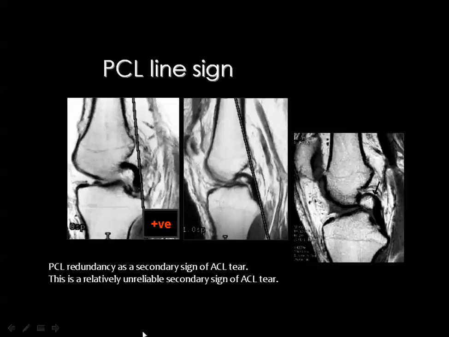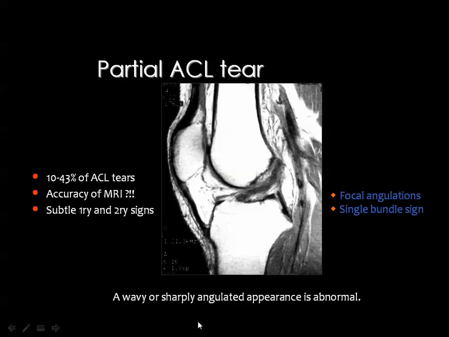Then if you draw a line tangential to the vertical course of the posterior cruciate ligament, it will not touch the femur. And if this occurs, this may be considered a positive sign for ACL rupture. This sign, as I have mentioned, is a weak sign, and the most reliable signs are the bone marrow contusions and the anterior translocation of the tibia.